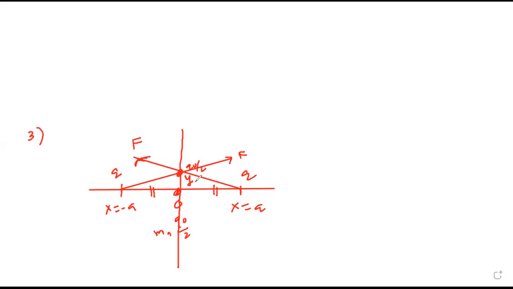We are interested in the net force being proportional to y. So if I call this angle theta, then even this will be theta, vertically opposite. Correct, no? So can you have two components of this? F sine theta and F cos theta.